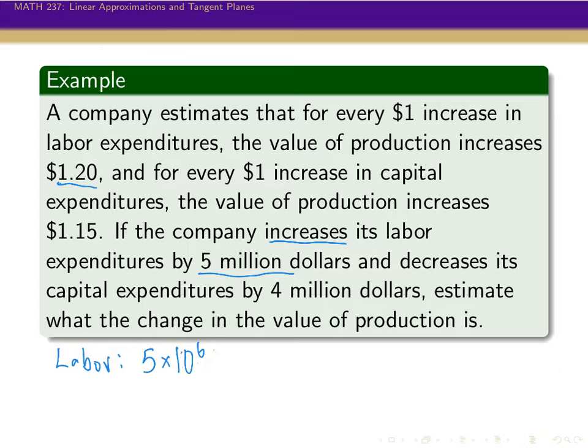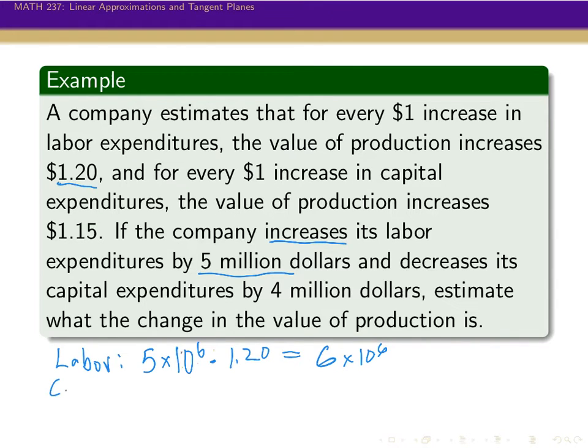So that's the change in labor times, well, every dollar increase in labor causes a $1.20 increase in production. And so multiplying these two together, 1.2 times 5 gives me 6. And so we'd have $6 million change in production coming from the labor.